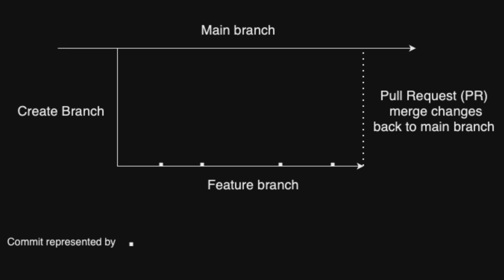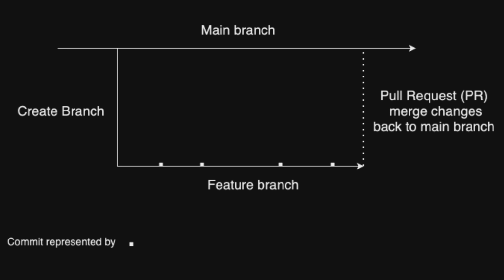allowing other team members to provide feedback, suggestions, and ensure code quality. Through discussions and code reviews, the team collectively ensures the integrity and functionality of the proposed changes. Additionally, automated tests or manual testing may be conducted to validate the modifications.